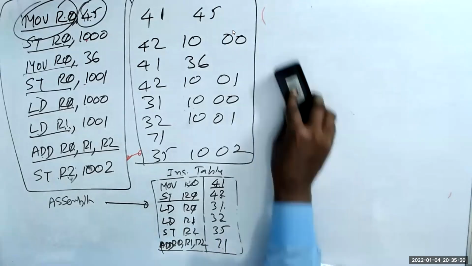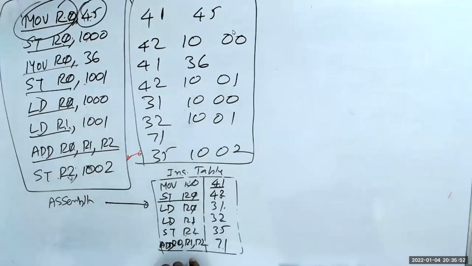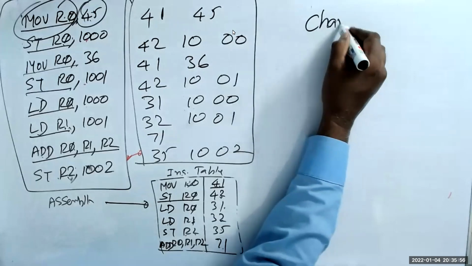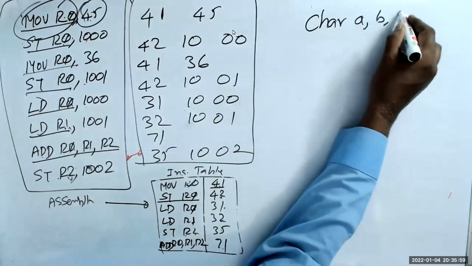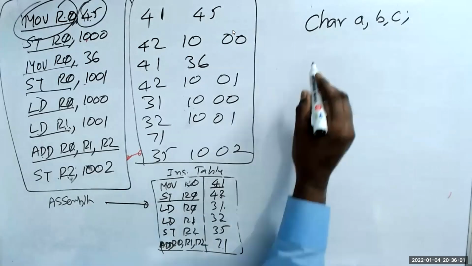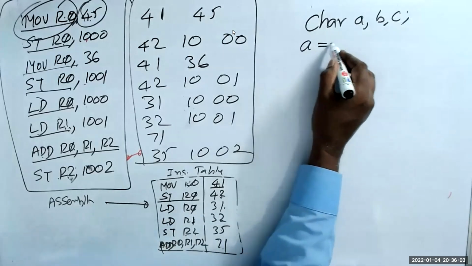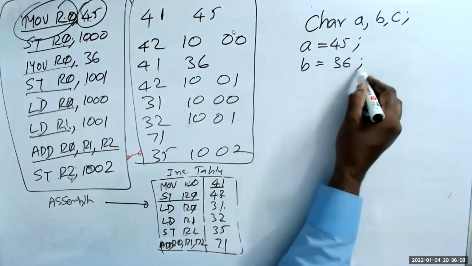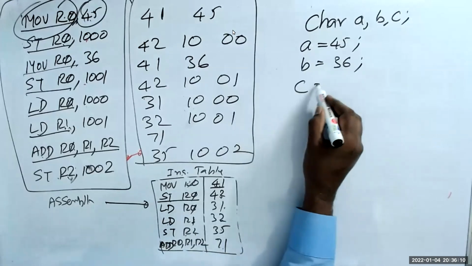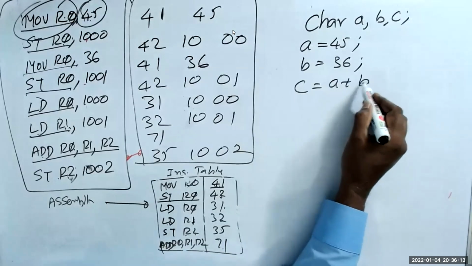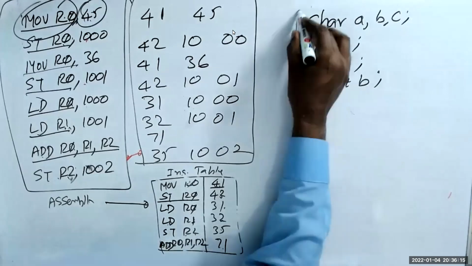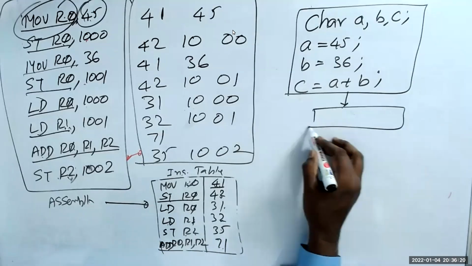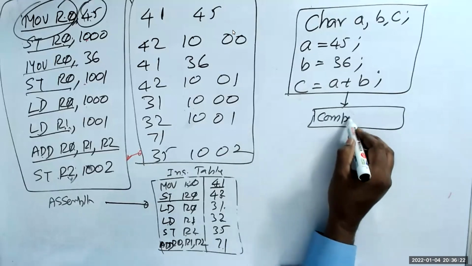Let us write a small program in C. I say char A, B, C, and A equal to 45, B equal to 36, C is equal to A plus B. I have written a very small program in C. I give this to the compiler.